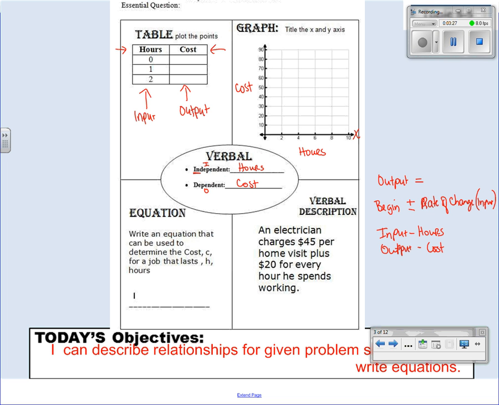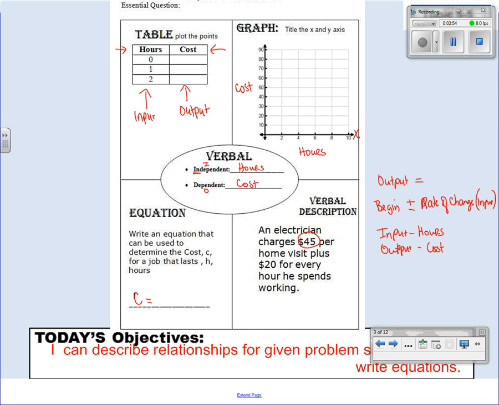To come up with the equation, we're going to use the verbal description. He charges $45 for the home visit plus $20 for every hour he spends working. So the electrician comes to your home, and even before he does any kind of work whatsoever, he's going to charge you $45. That is your beginning cost.